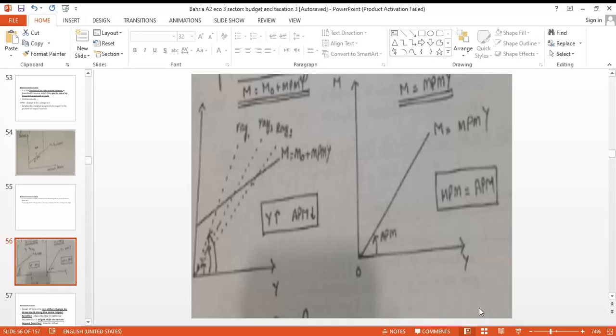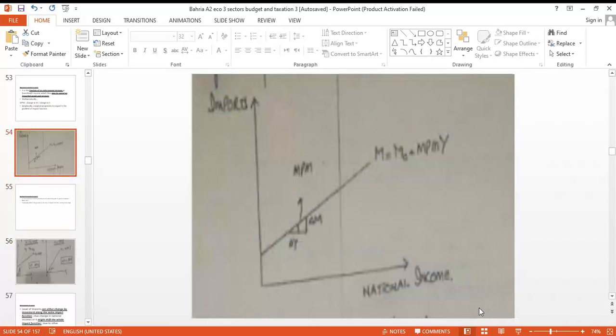I repeat, the gradient of the rays is the average propensity to import, and the gradient of the import function is the marginal propensity to import. The marginal propensity to import remains the same in a linear curve. If the curve is linear, it's the same. Whereas the average propensity is changing, and as income rises, as you become rich, the gradient falls, which means the average propensity to import also falls.